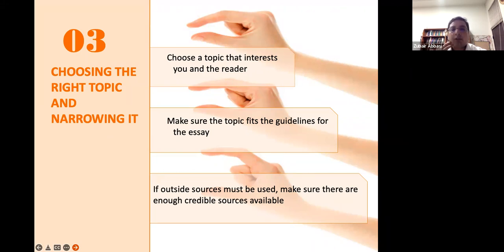And if you are using sources, make sure that you use credible sources. So most of the time in student essays, students refer to Wikipedia. Wikipedia in itself is not an authentic source. So what you can do is read from Wikipedia and then go to the actual sources.